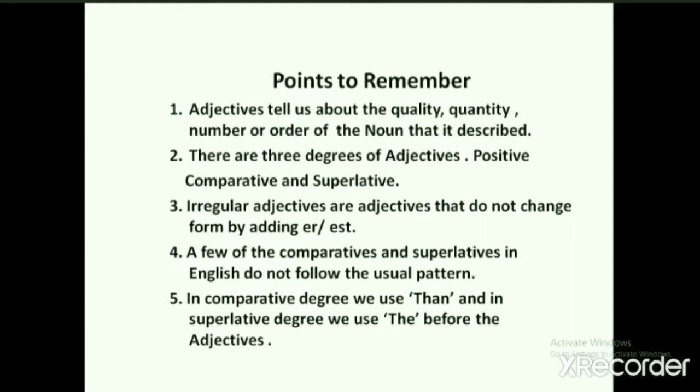Number 3, irregular adjectives are adjectives that do not change form by adding er or est. Number 4, a few of the comparatives and superlatives in English do not follow the usual pattern. Number 5, in the comparative degree we use than, and in the superlative degree we use the before the adjective.